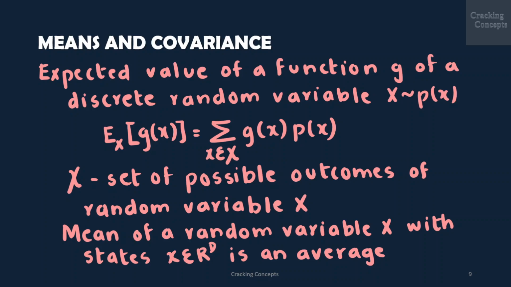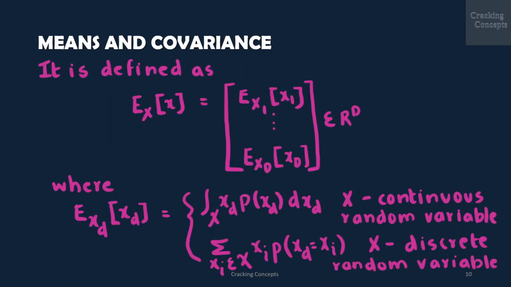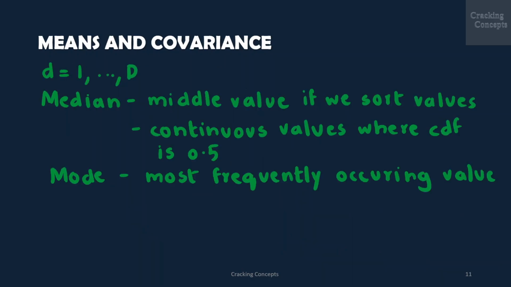Now, the mean of a random variable x with states x belonging to the D-dimensional space is an average and is defined as expectation of x, given by E x1 of x1, etc., E xD of xD, all of them belonging to the D-dimensional space, where expectation of xd is given by the integral over x of xd, p of xd, dxd, if x is a continuous random variable, and the sum over xi element of X of xi into p of xd equal to xi, if x is a discrete random variable, for the case where d varies from 1 to D, where the subscript d indicates the corresponding dimension of x.